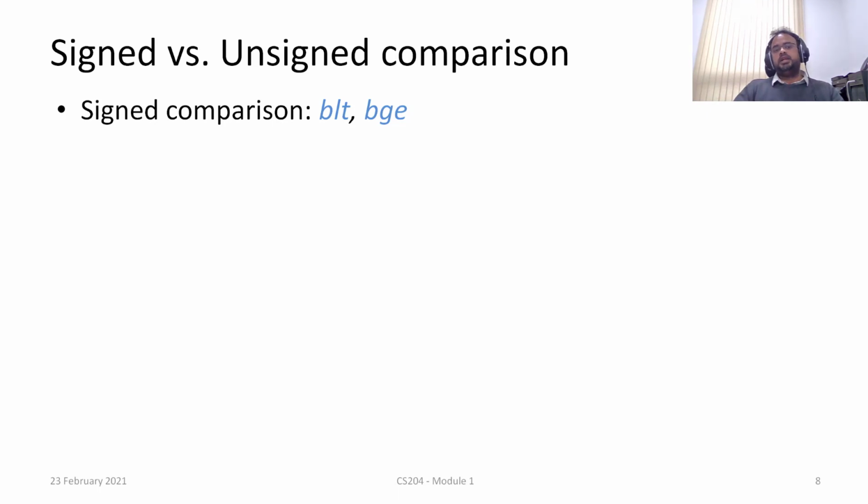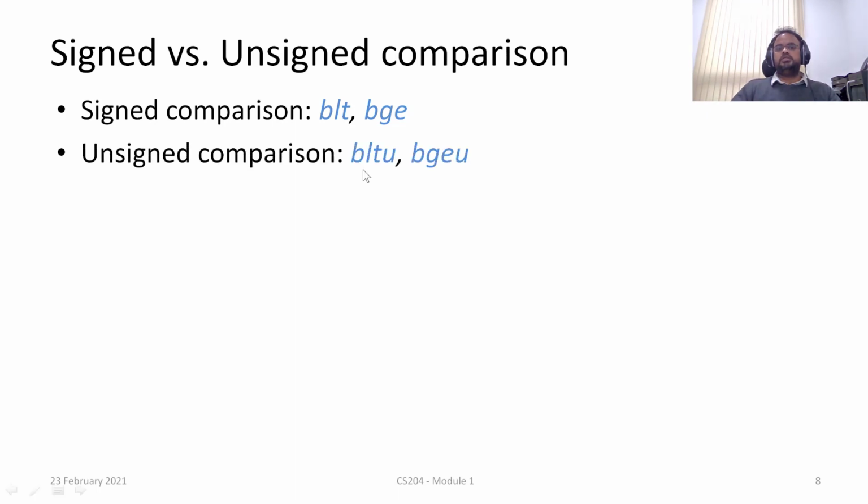But there is an unsigned counterpart also, which is BLTU, BGEU. Branch if less than unsigned, branch if greater than or equal to unsigned. What these instructions will do is the values in RS1 and RS2 would be treated as unsigned values and the comparison is made.